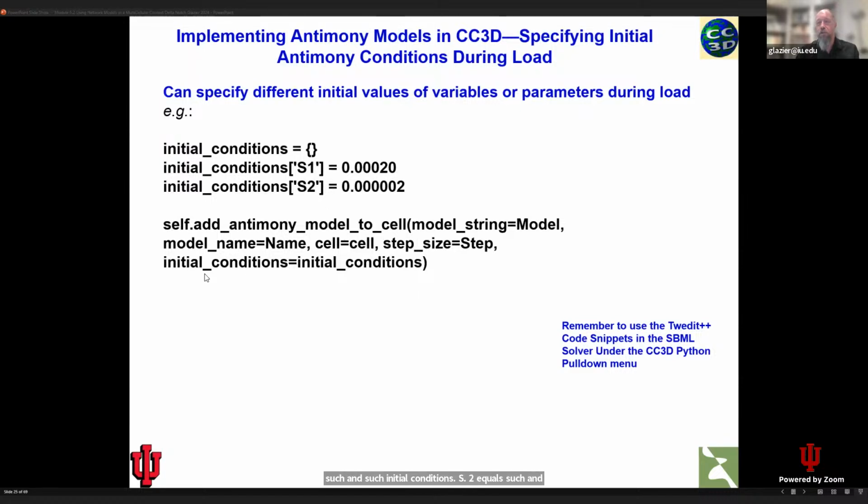If I put initial conditions equals initial conditions in the loader, that will overwrite the initial values of whatever parameters and variables I set there, just the way I did by hand in that first example. Again, that's in the code snippets if you forget the syntax.